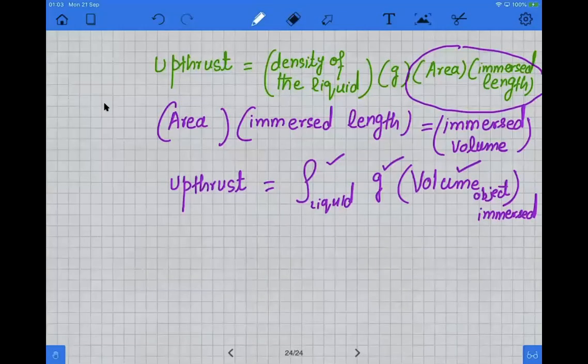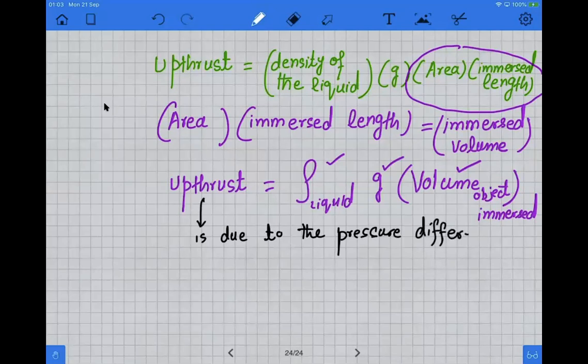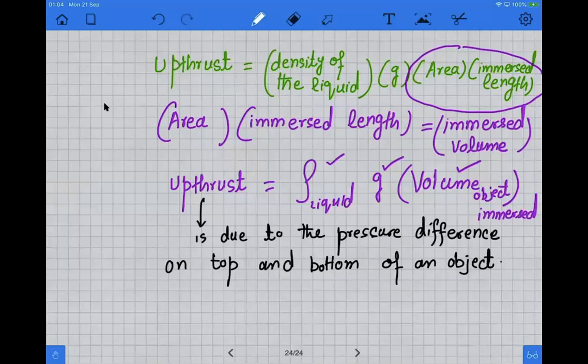And one thing that you should know, upthrust is due to the pressure difference. This pressure difference exists in fluids, which are gases and liquids, due to the pressure difference on top and bottom of an object.